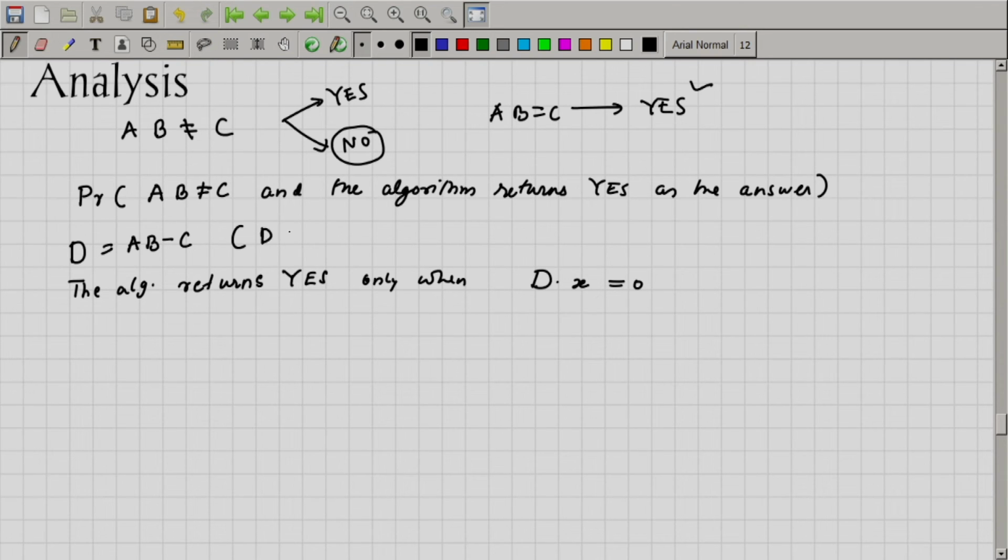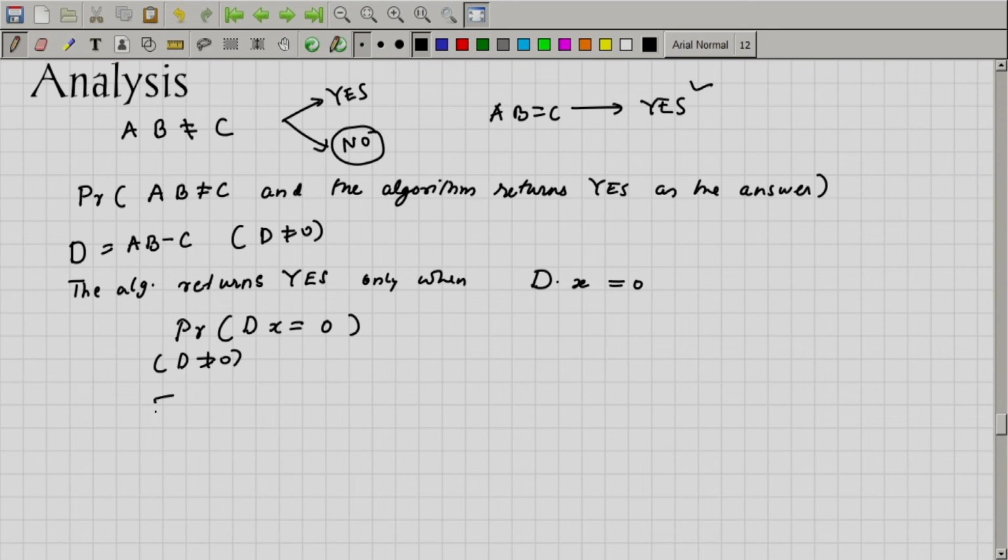We know that D is not equal to 0, but D times X is equal to 0. So, we will look at this probability that DX is equal to 0 under the condition that D is not equal to 0.